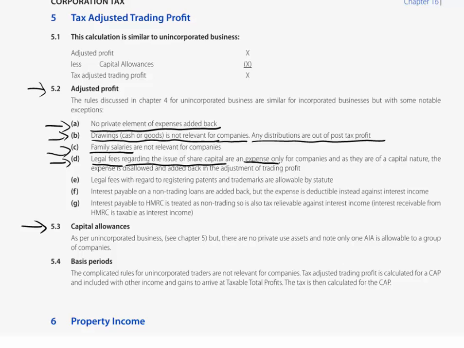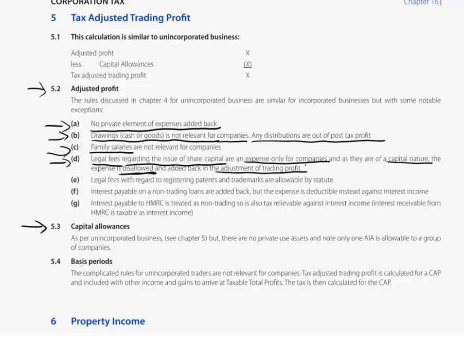These will only be an expense for companies, but they are of a capital nature. And what we know is that your basic rule of adjustment of profits in determining what expenses will be allowable, we will allow a revenue expense, we will not allow a capital expense. So this expense is disallowed, it's added back there in the adjustment of trading profit. So if you've got legal fees in connection with the issue of share capital, disallow.